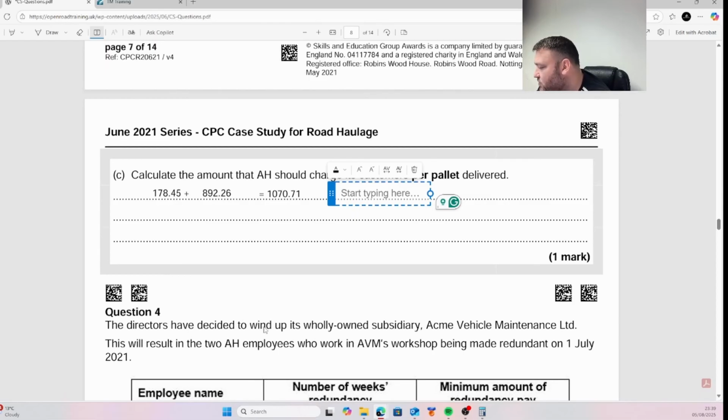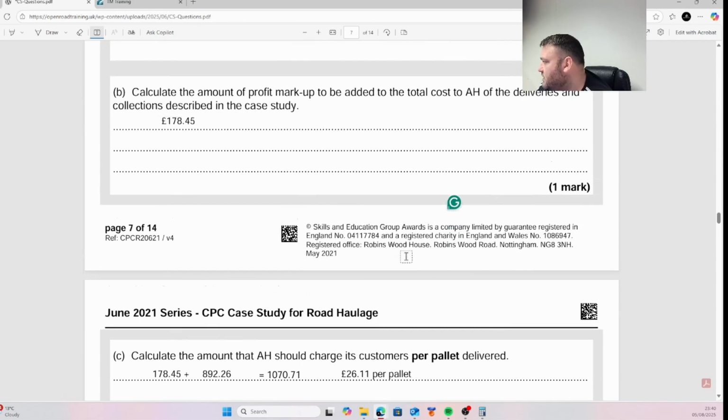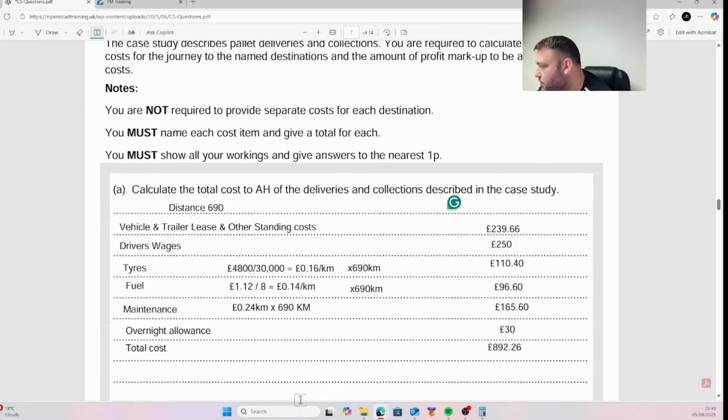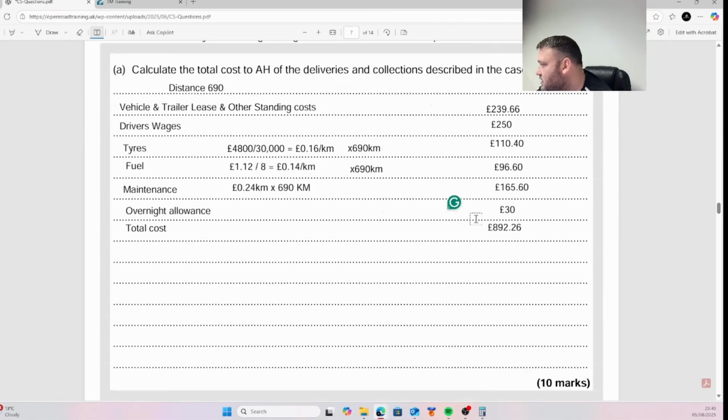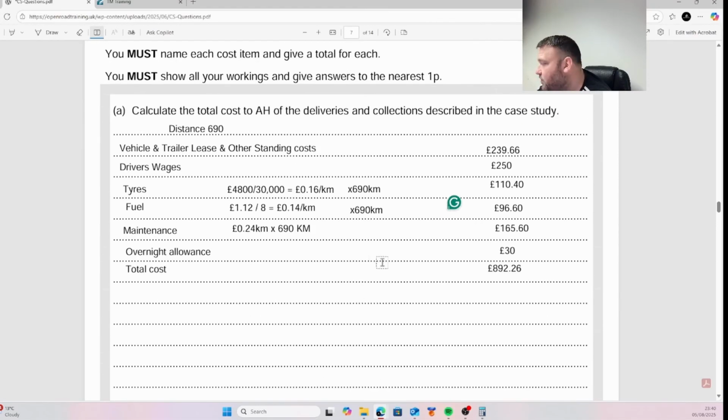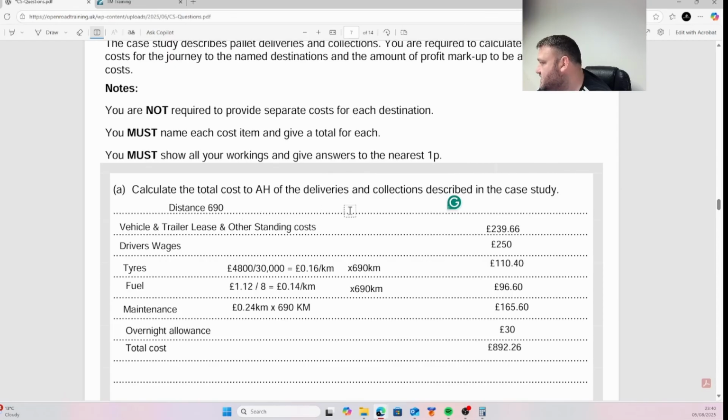Okay, so we're focused on the first three digits there, so it's £26.11, and then because the 4 is under 5, we're rounding it down, so £26.11 per pallet is what is to be charged, with our profit markup included. And that is how you would score full points on that question. When you keep it simple and follow the list, it is very simple going.